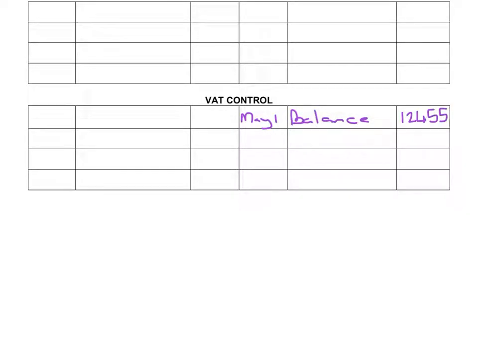If this is a credit balance, it is a liability to the business, indicating that the business owes money to SARS. If the VAT control account had a debit balance, it would be an asset, indicating that SARS must pay money back to the business.